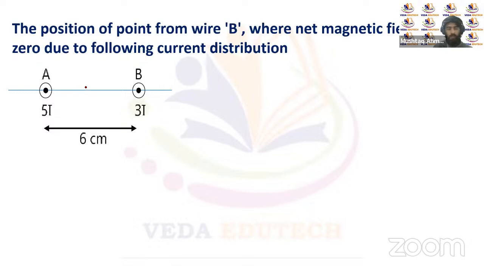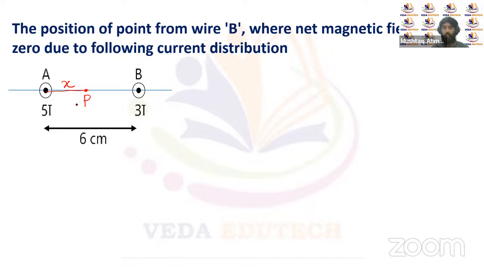Let's suppose at a distance of x from this wire A, the magnetic field will be 0. Why will the magnetic field be 0? If we find the direction of the magnetic field due to both these wires, at this point P the directions of the magnetic field will be opposite, so they will cancel out each other.